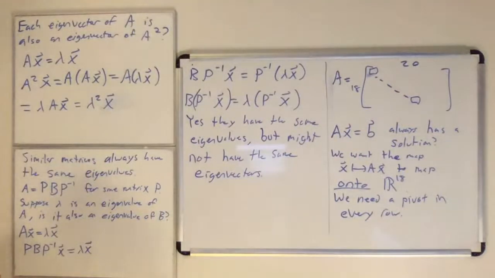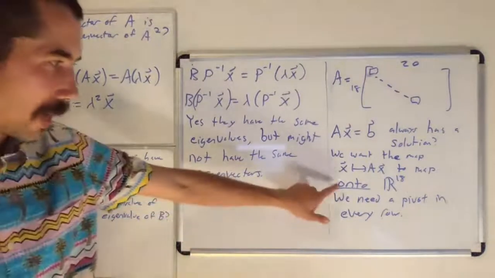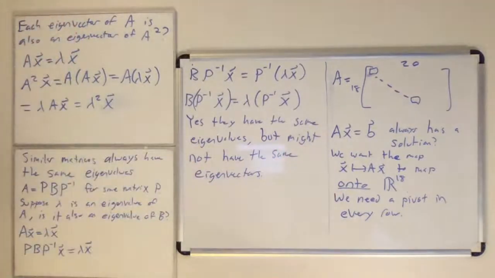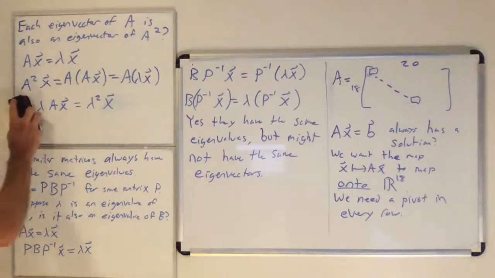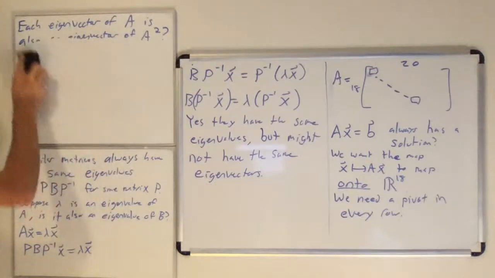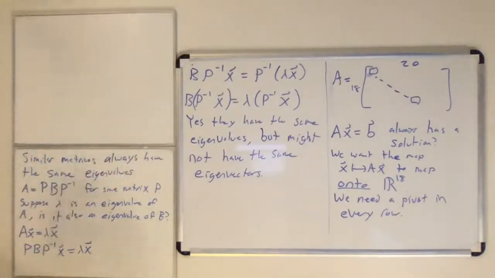You could look back in your notes about what it means to be onto, or what conditions needed to be satisfied to be onto, but basically it just means we need a pivot in every row. Does that make sense?